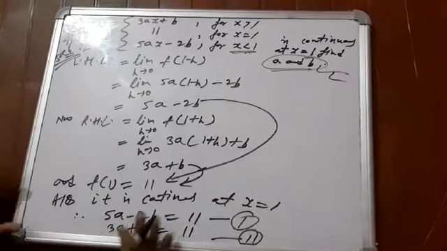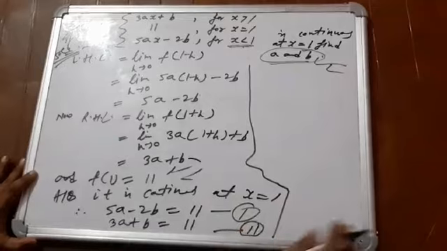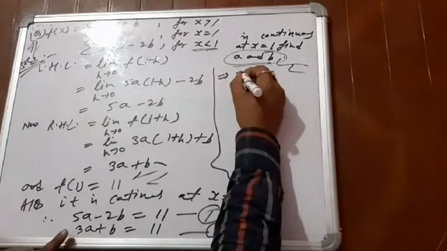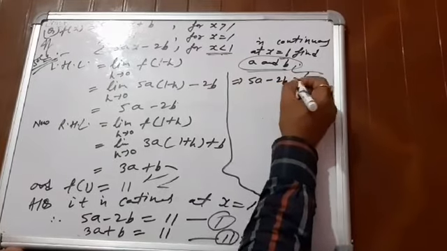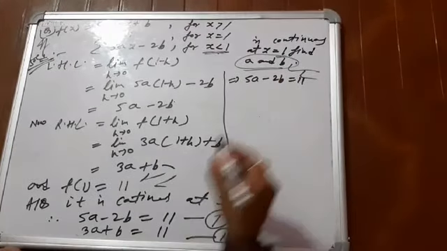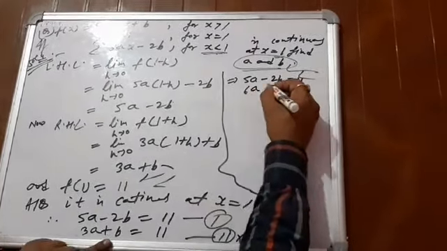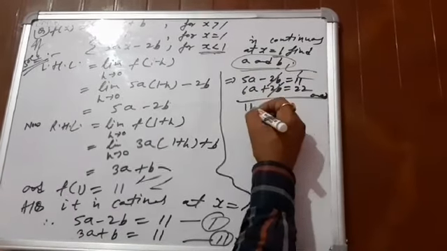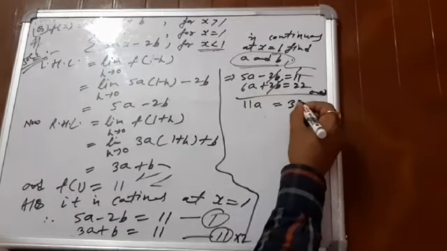Have a look. I'm going to multiply the second equation by 2. Then the first equation is 5a - 2b = 11, and the second equation is 6a + 2b = 22. Now on adding, 2b cancels out, and it is 11a = 33.